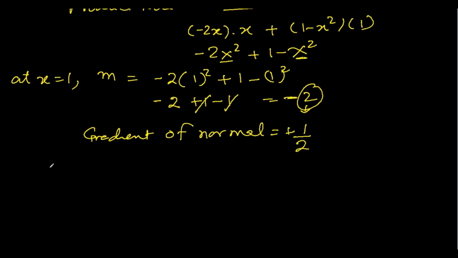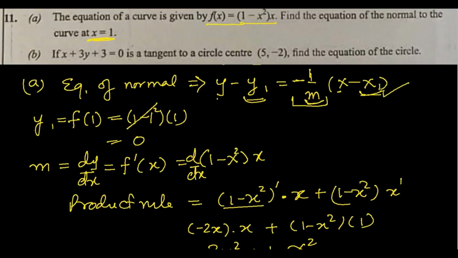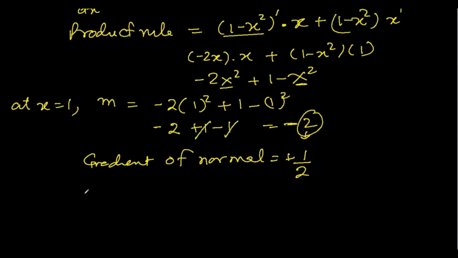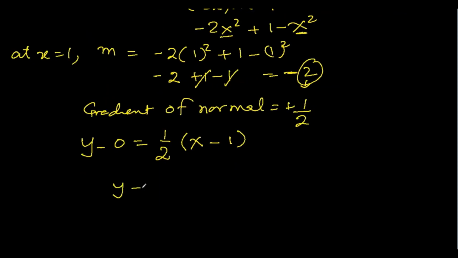Now we will use the formula y minus y1 equal to minus 1 over m times x minus x1. So y1 we got as 0, minus 1 over m is half, and x1 is known to us. So the answer is y equal to half x minus half. This is the equation of the normal.